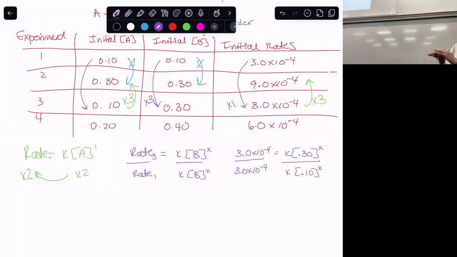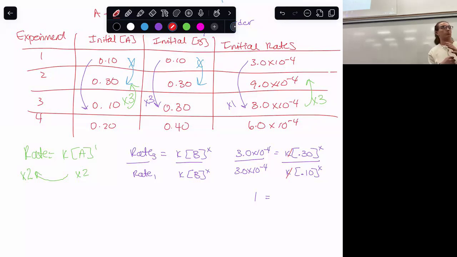When you divide these two rate laws, what is 3 over 3? That's 1, right? So this is 1. What can you do to the K's? Those can cancel out. Since 0.3 and 0.1 are raised to the same exponent, you can combine them. So that's 0.3 divided by 0.1 to the X power.